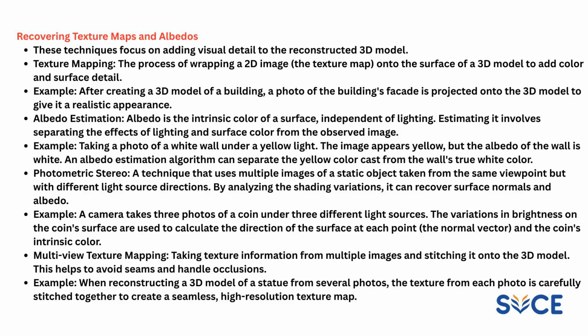What makes it realistic is the visual details: the color, the pattern, or the way the surfaces reflect light. That's where texture maps and albedos come in. These are the techniques to make 3D reconstructions look real, not just geometrical skeletons.